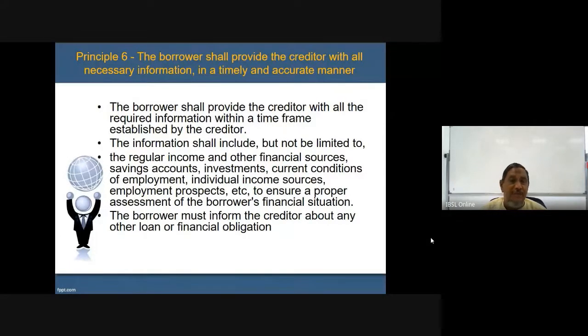Within the time frame, the information shall include but not be limited to the regular income and other financial sources, savings accounts, investments, current conditions of employment, individual income sources, employment prospects, etc. To ensure a proper assessment of the borrower's financial situation, this information is needed.